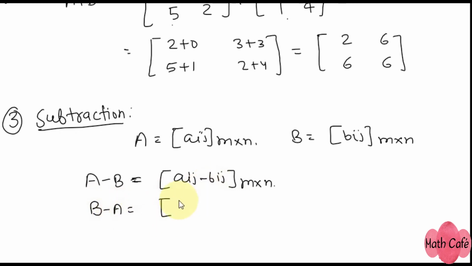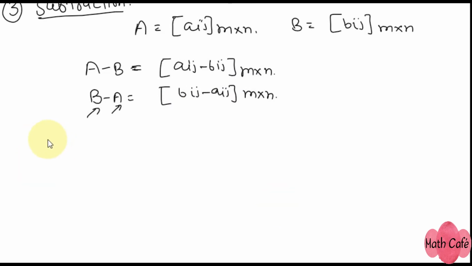And if we need to find B minus A, then we will subtract all the elements of Aij from Bij, so that will become Bij minus Aij, and the order will be the same.